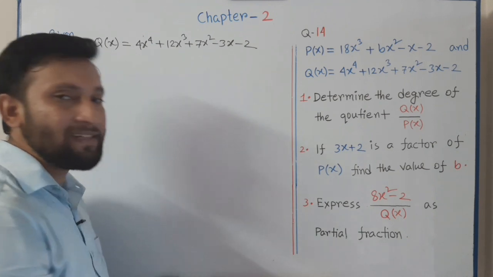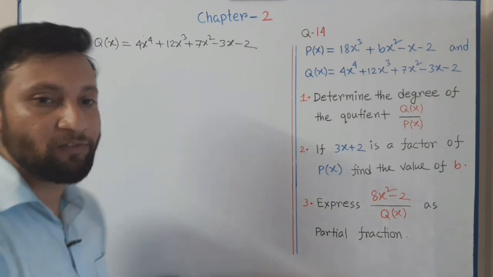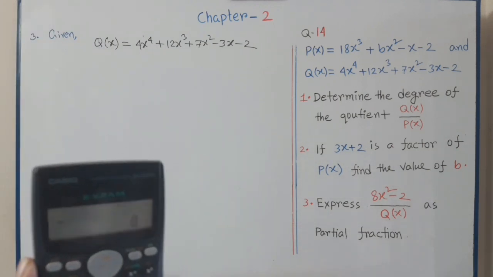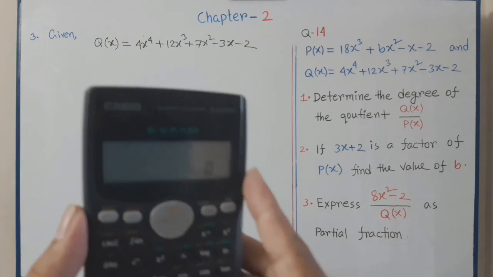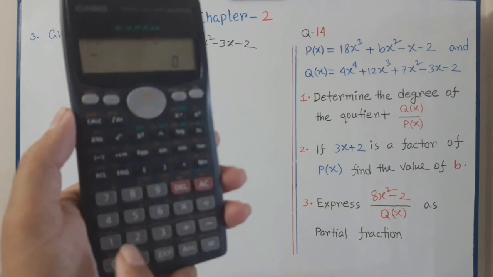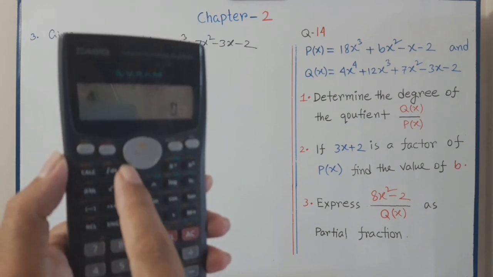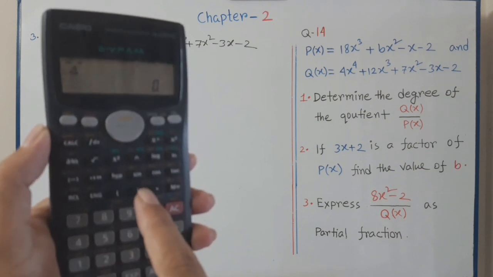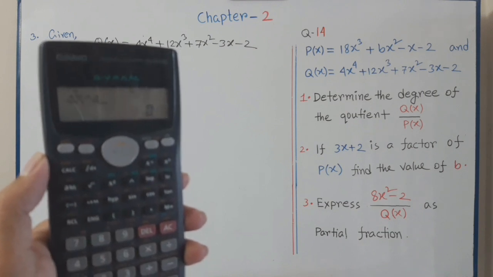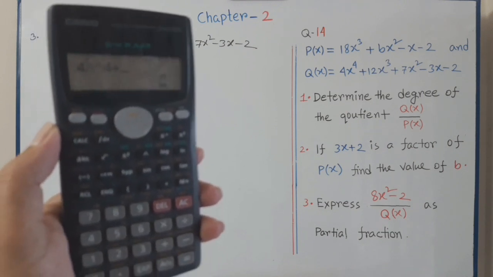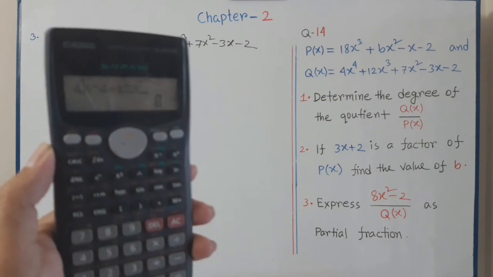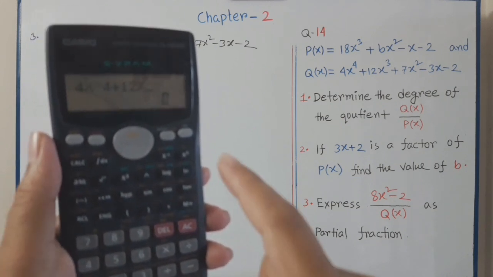So we can easily find the value by using a calculator for which this polynomial will be 0. So at first take a calculator and write down the polynomial in your calculator. Here see that, follow me. So at first write down 4x to the power 4. So 4 and then x, alpha x, x is here, then power 4, and then plus 12x, write down here 12 and then alpha x, and then plus and then cube.